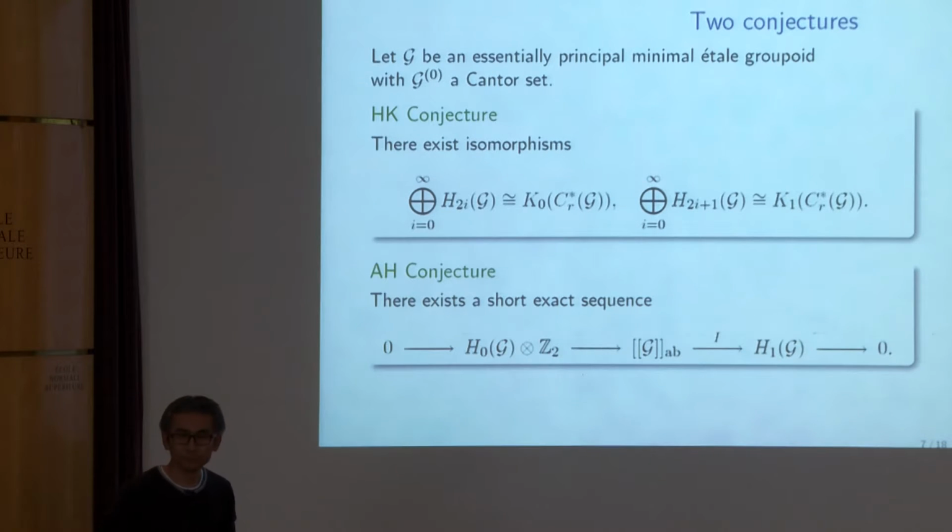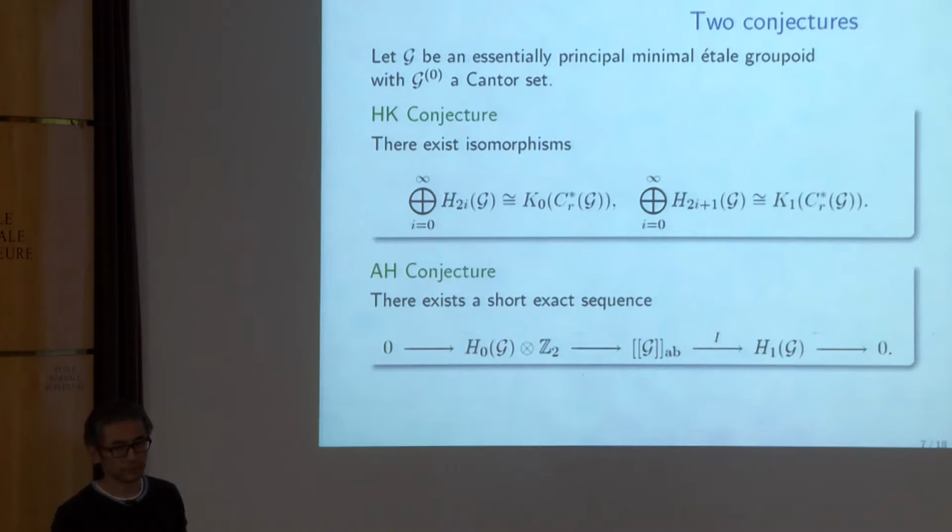Excuse me. For the HK conjecture, you assume that there is some Chern character that gives you the isomorphism? Yeah, it's a stronger form. It may be natural. There exists some natural homomorphism from here to there, and this is an isomorphism. But you know how to construct the character?